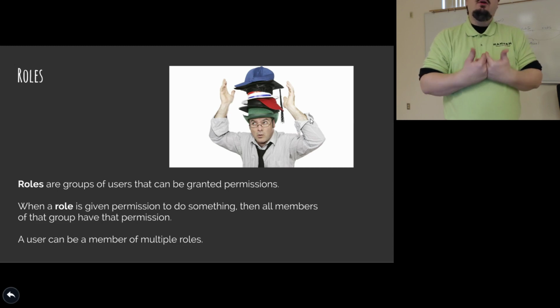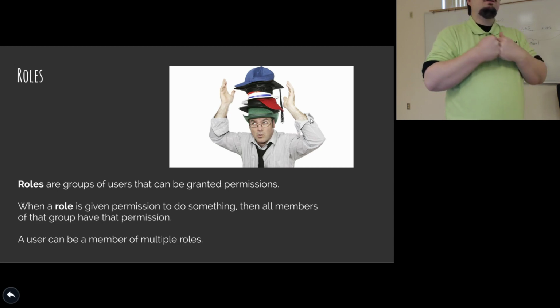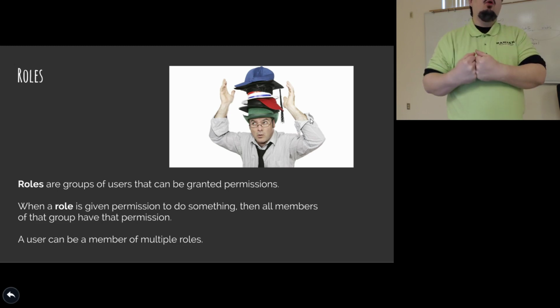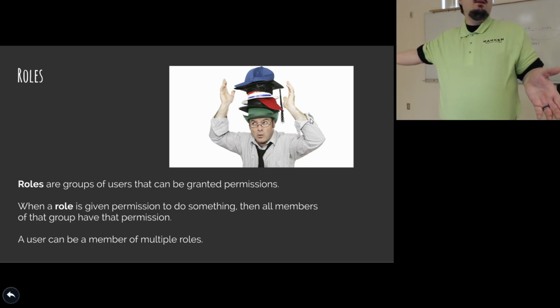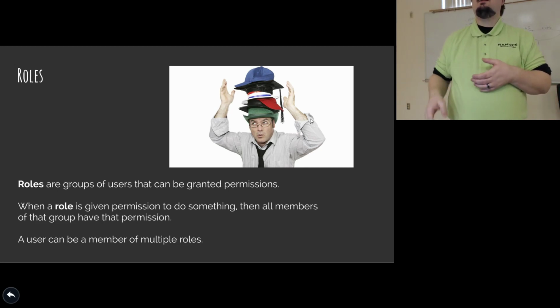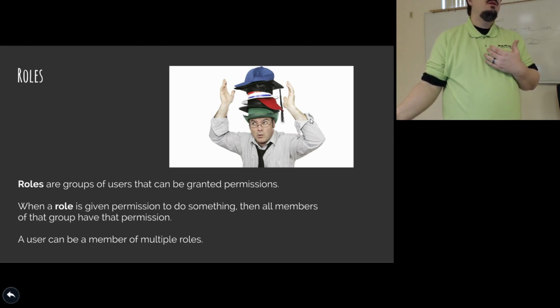So a role is a group of users, right? And the idea is that everybody that has that role can do the same things. So we say everybody that's an author can do X, Y, and Z. Everybody that's a site admin can do A, B, C. So we assign those permissions to roles. Does that make sense?